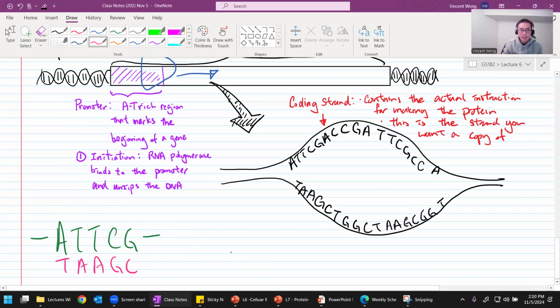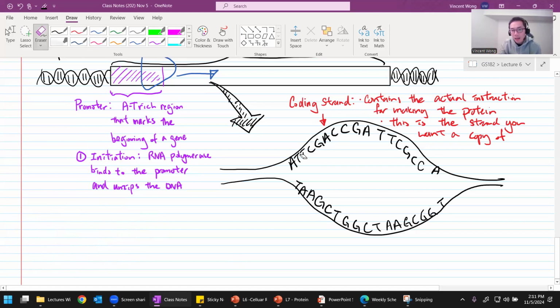Remember we had this discussion? The enzyme only knows to build using the base pairing rule. They do not know how to copy directly. That means if you want to have a copy of the coding strand, the enzyme cannot be building from the coding strand. Instead, it is going to be using the template strand.